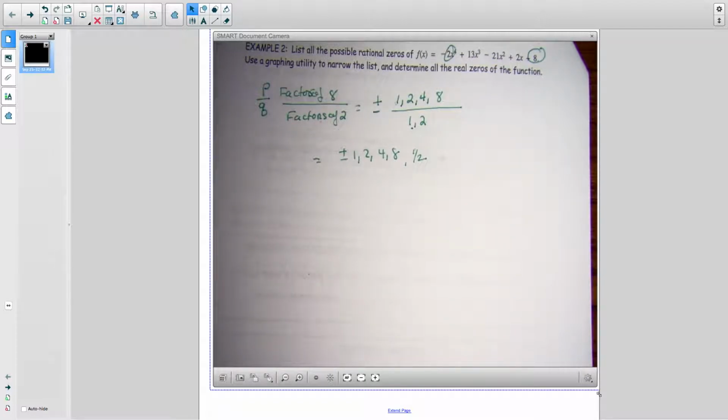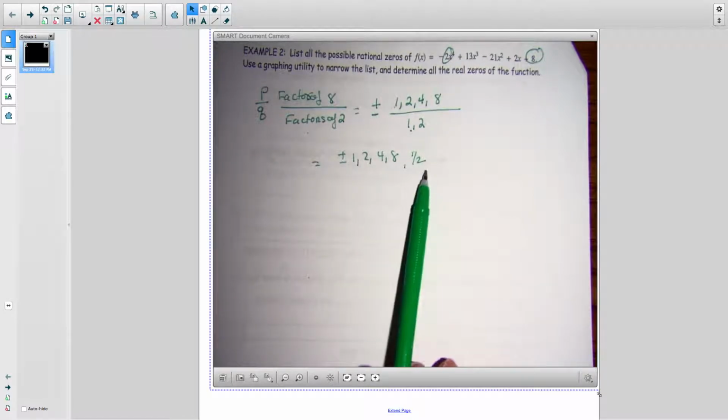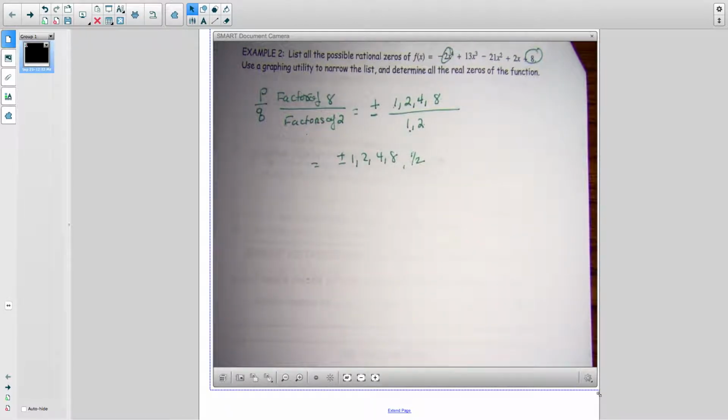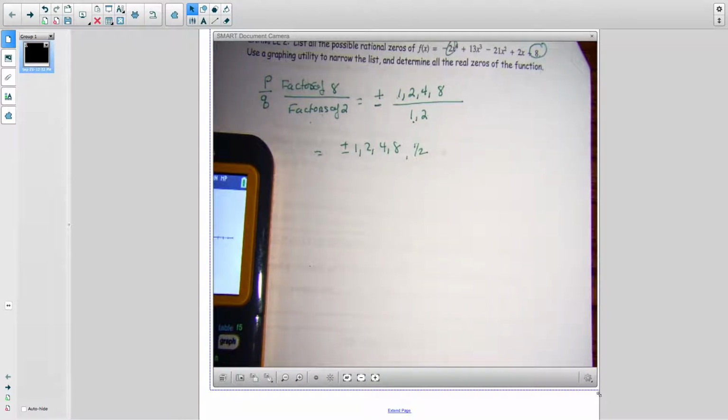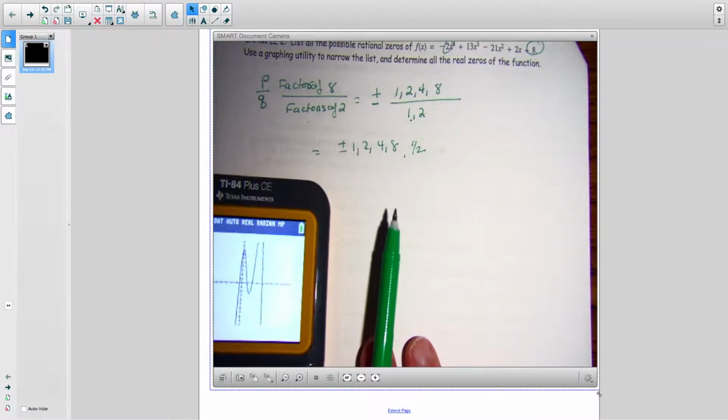And what's the most amount of zeros we're going to have? 4. I know that my zeros are between negative 8 and positive 8. So what are our answers going to be? Do I need to go find zeros?